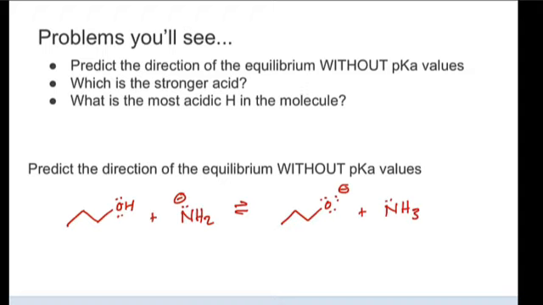And the strategy here that we're going to use almost all the time is going to be comparing the stability of the conjugate bases, which are often negatively charged.